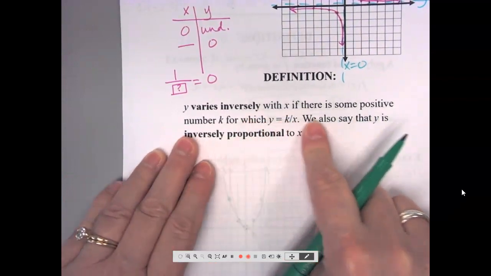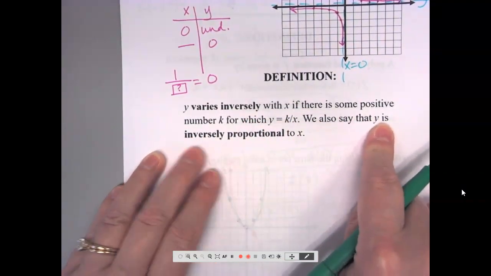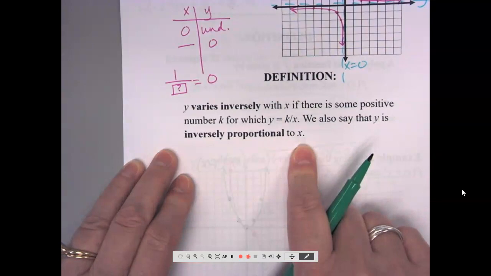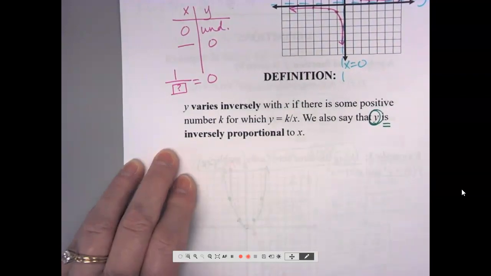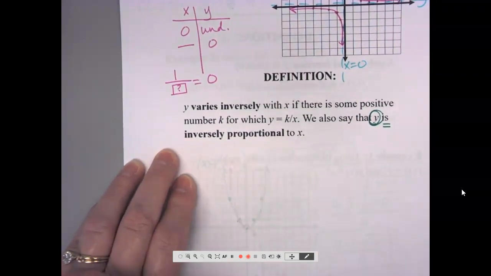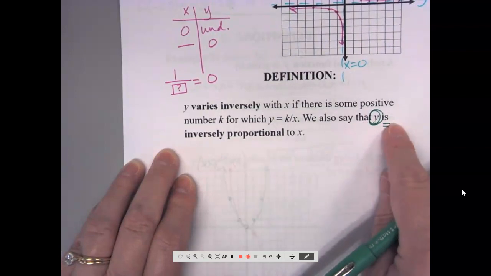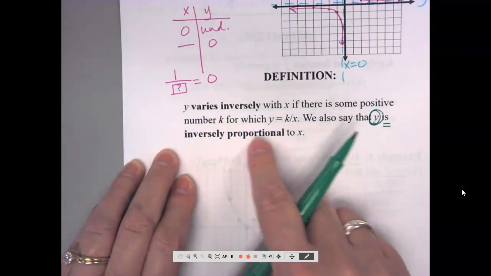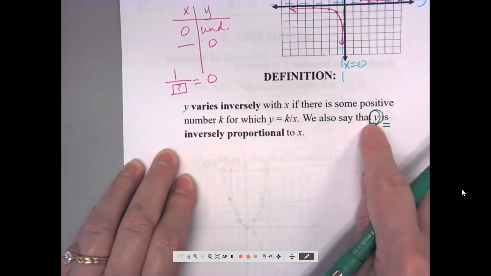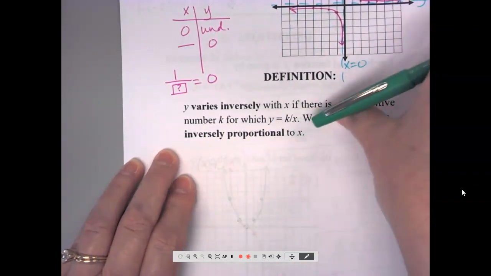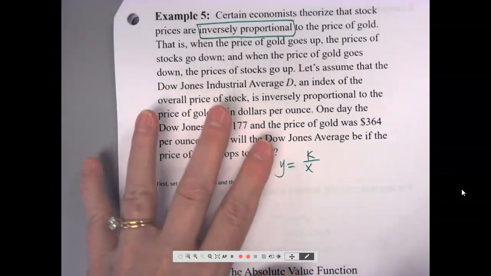This says y is inversely proportional to x. So this thing that comes before the is, in word problems, isn't the word is an equal sign? So y equals k over x. Y is what's inversely proportional. Okay, so let's flip over here.